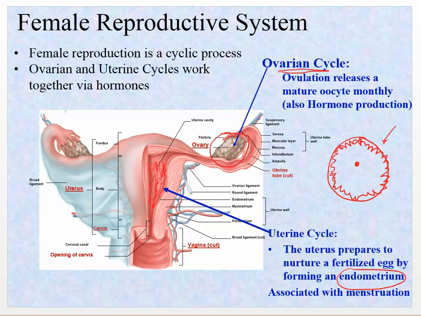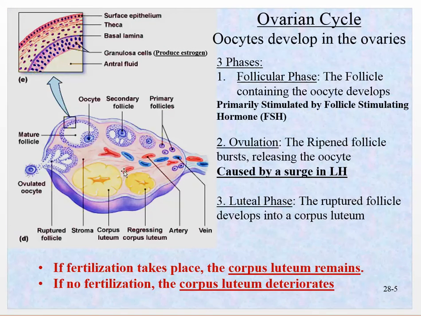As the follicle is developing, and then when ovulation takes place, this causes the buildup of the endometrial lining, and if no fertilization takes place after about a month, this endometrial lining will shed, and that's what menses is. Then both cycles start over. You start developing another follicle, and you start building up a new endometrial lining.